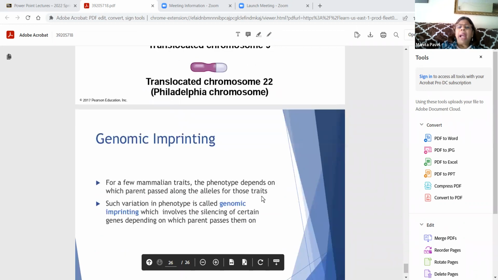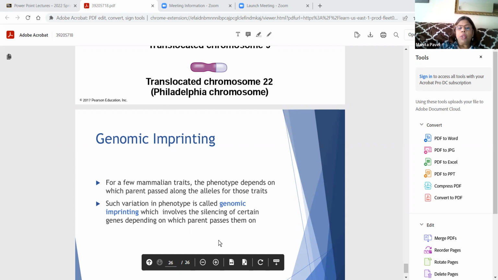Let's see, what do we mean by genomic imprinting? For a few mammalian traits, the phenotype is going to depend on which parent passed along the alleles for those traits. Such variation in phenotype is called genomic imprinting, which involves the silencing of certain genes depending on which parent passes them on.